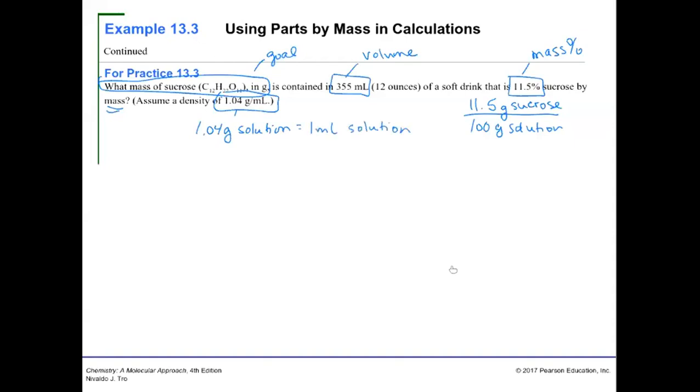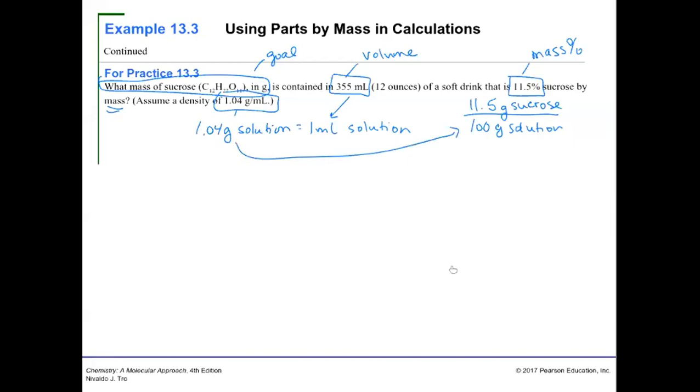And so to develop our plan, this is where we start to look at how our units connect. So we have something with milliliter units for the solution, and we know how to go from milliliters of solution to grams of solution. And then once we have grams of solution, we can use that to turn it into grams of sucrose.